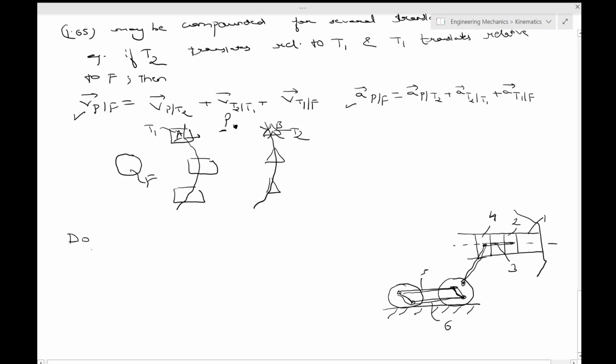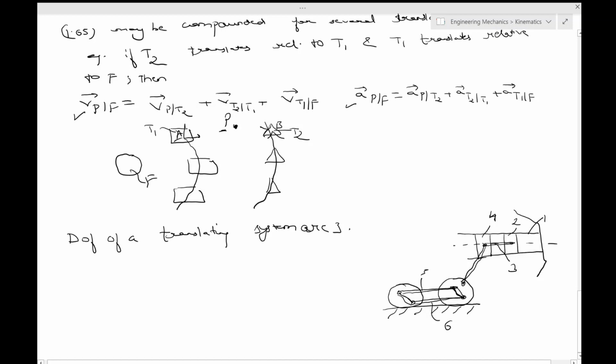So the degrees of freedom of a translating system are 3. Clearly x, y, z in the Cartesian system, or any other system which you would want to describe.